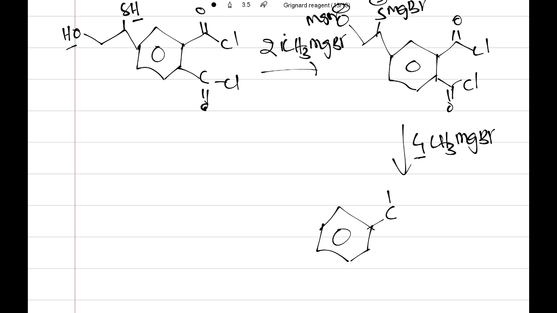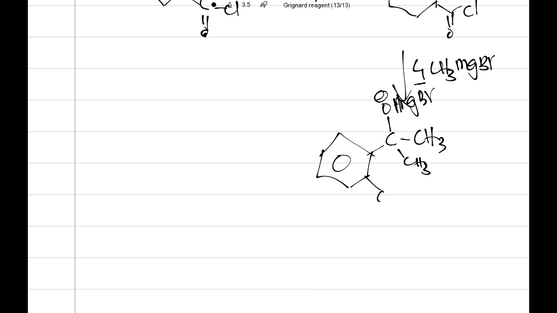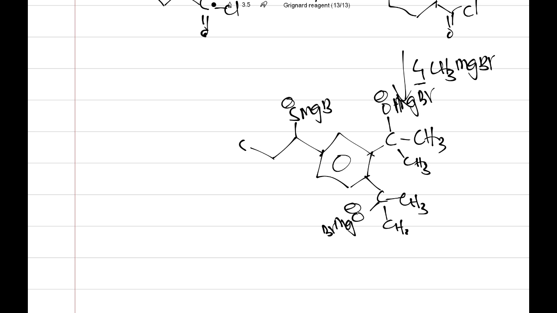Now we get the carbon with O minus MgBr, CH3 and CH3, and another C with O minus MgBr, CH3 and CH3, and this side as usual S minus MgBr and S minus MgBr.